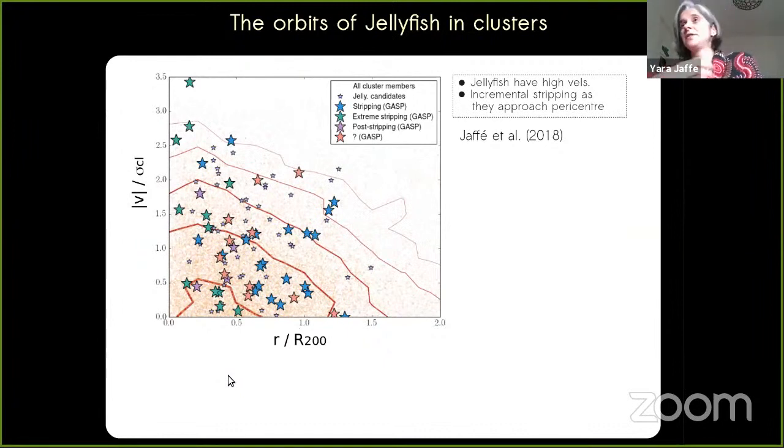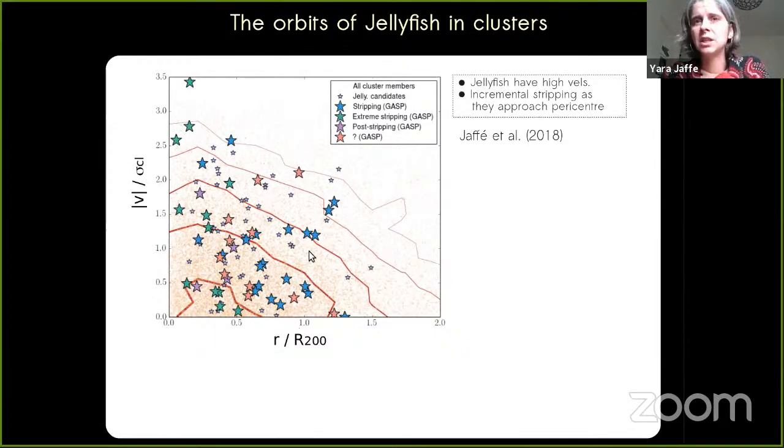So one of the first things that I particularly wanted to see was if we could also see in the optical this evolution of stripping in the phase space diagram. And this is shown here on the left. So in the background, you have all the cluster galaxies from the parent sample of GASP. And the stars correspond to the gas jellyfish galaxies in the different stages of stripping.